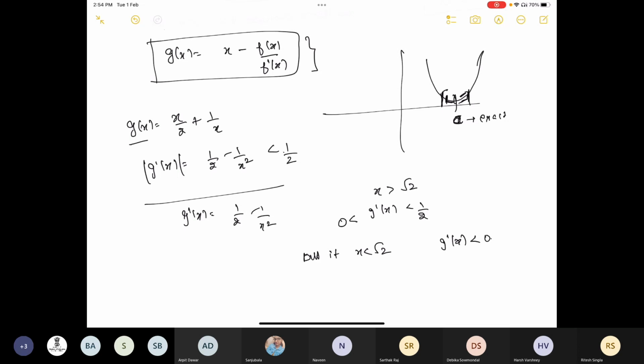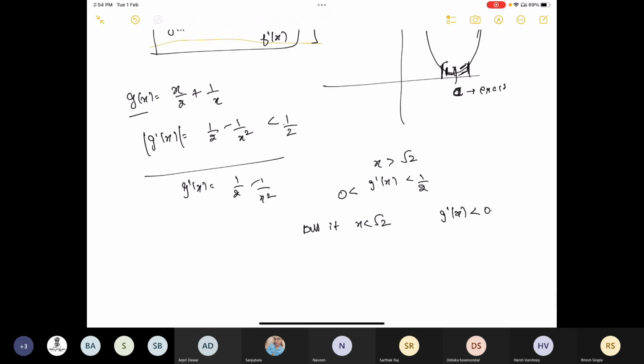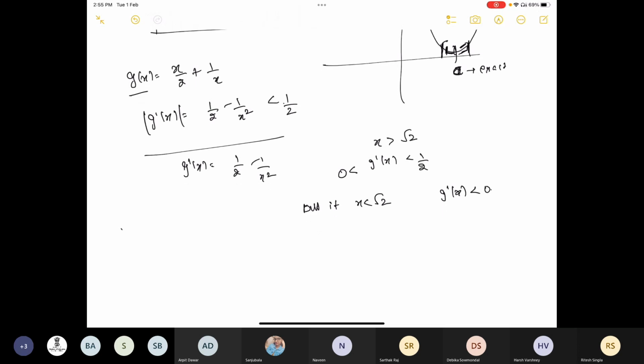Have I said something wrong? Yeah, right. So when you want to apply the monotone convergence theorem, you have to see these things: your function is increasing somewhere and decreasing somewhere. Okay.